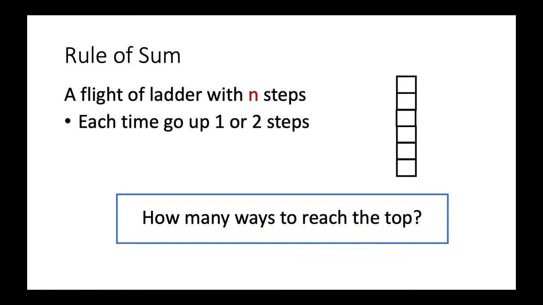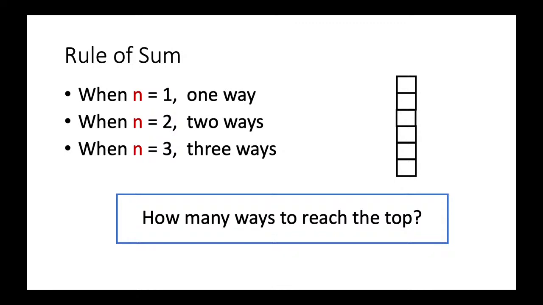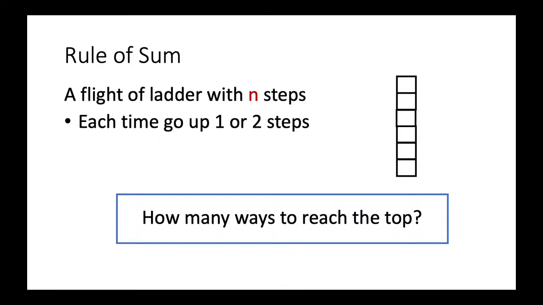Okay, so let's see a particular example of what we mean. When n is equal to 1, n is equal to 2, and n is equal to 3, let's count what can happen. When n is equal to 1, let's say we just have 1 step, then there is only one way to go to the top. You just walk 1 step. So there's just one way. And if there are 2 steps, how many ways are there?